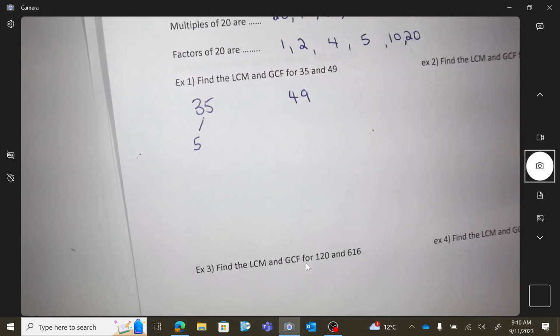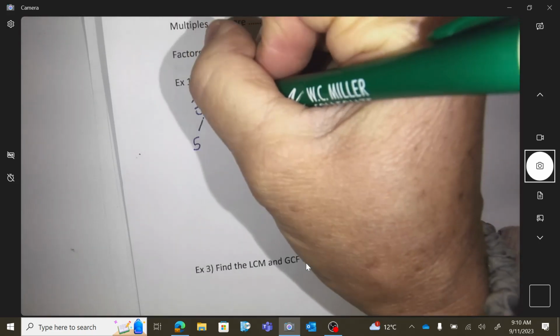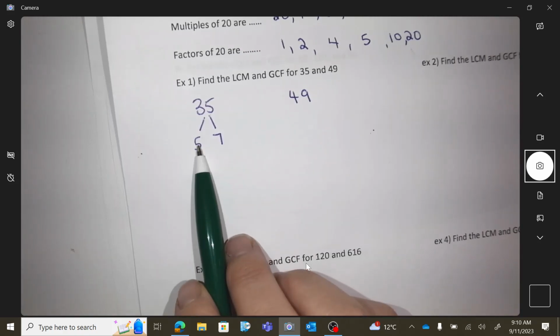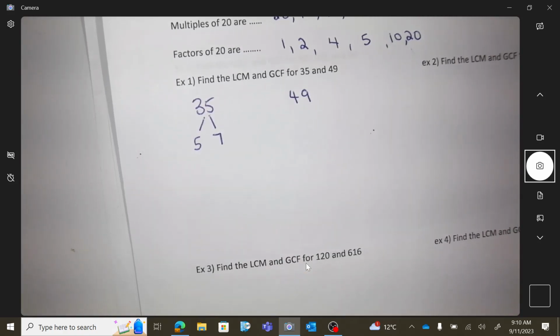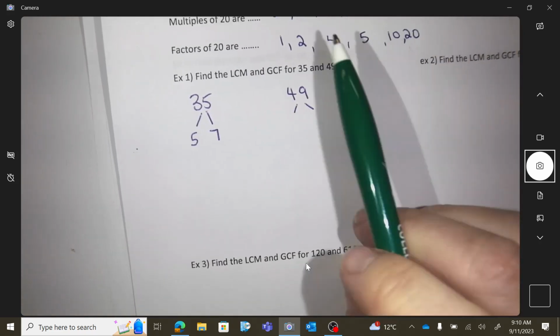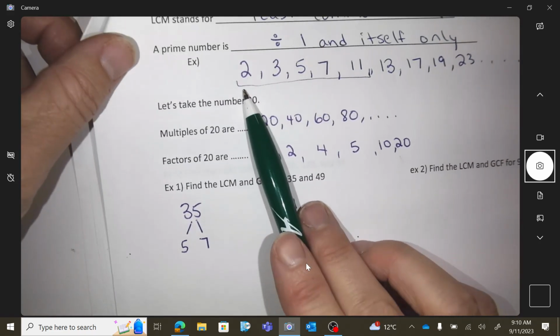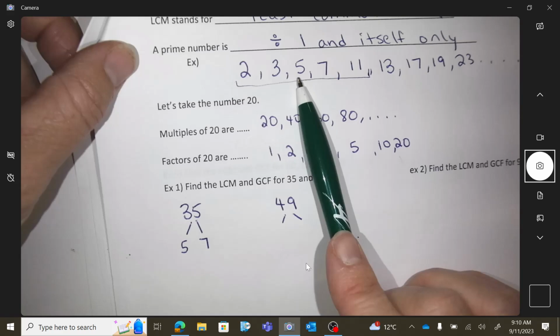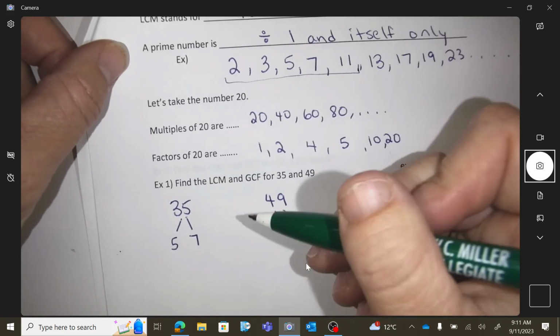That's the first one it's divisible by. 5 times 7. And then it's done. 5 is prime, 7 is prime, so we're done. 49. So I'm going to go through my checklist. 49 is not divisible by 2, not divisible by 3, not by 5, 7 times 7.